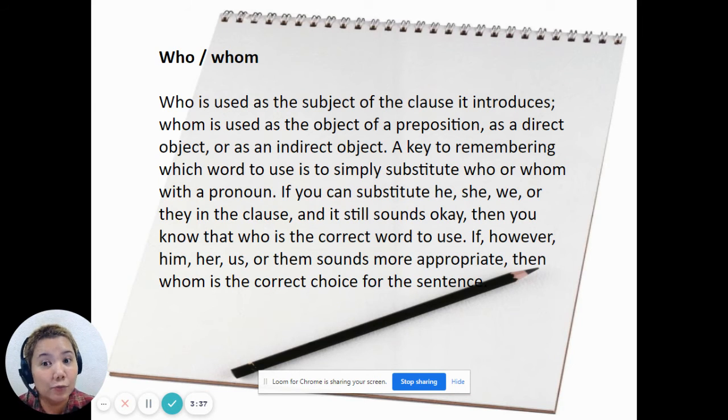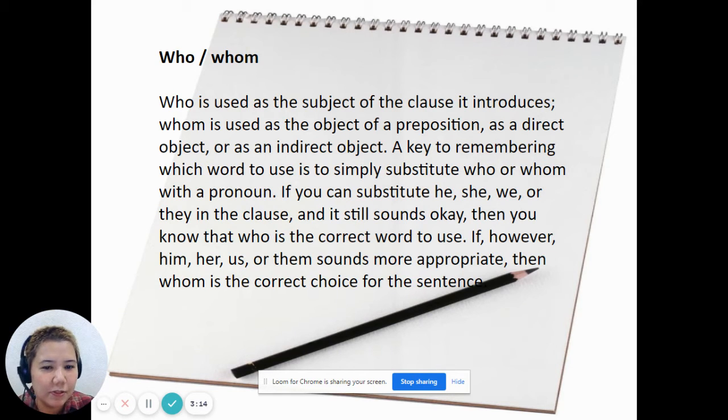Who and whom. Who is used as the subject of the clause it introduces. Whom is used as the object of a preposition, as a direct object or either as an indirect object. A key to remembering which word to use is just simply to substitute who or whom with a pronoun.